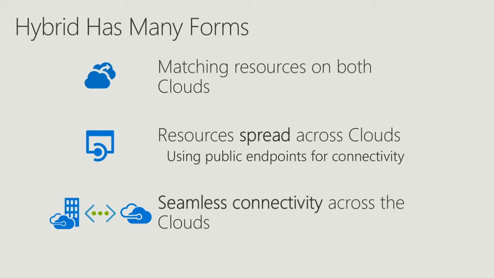So thinking about hybrid, and based on many customer conversations my team and I have had with customers, basically working with them to identify use cases for Azure Stack, we can think about hybrid in some ways.